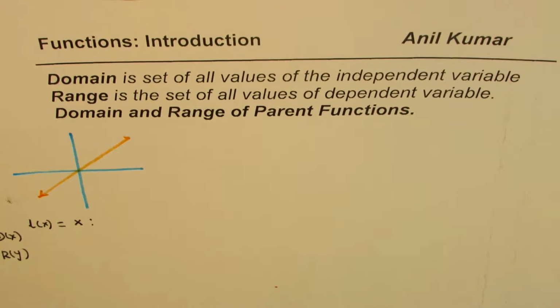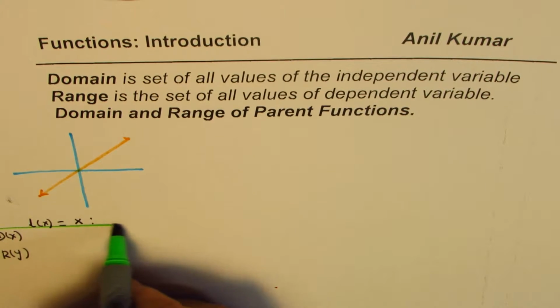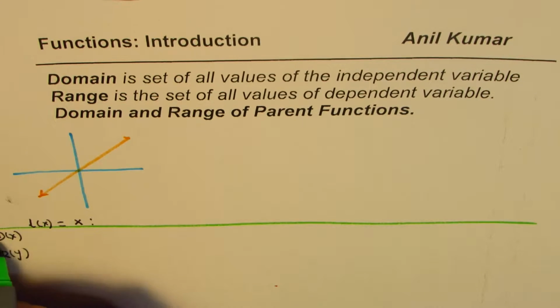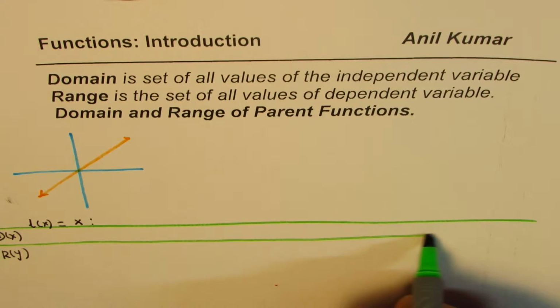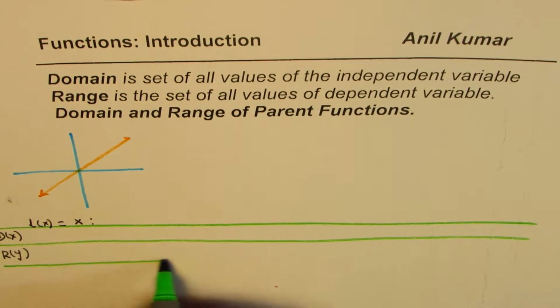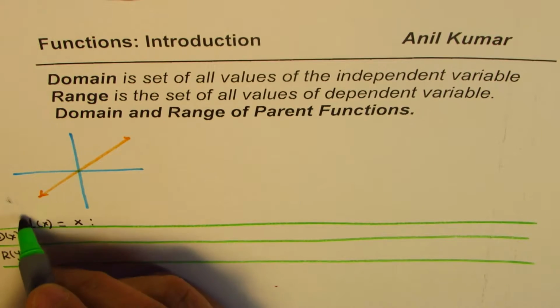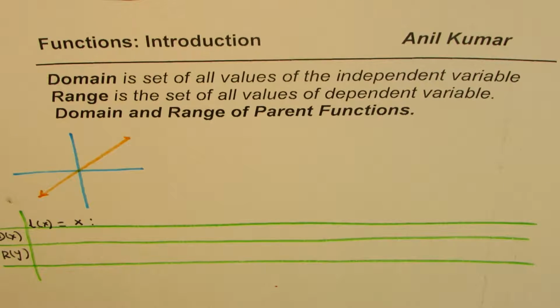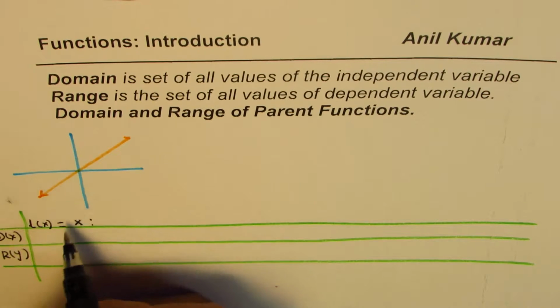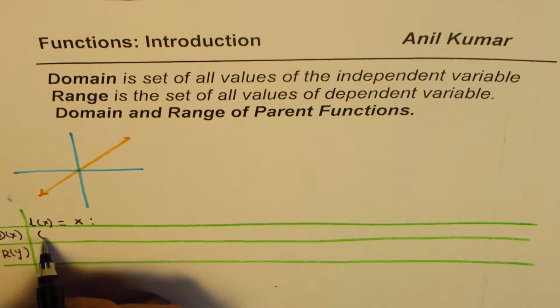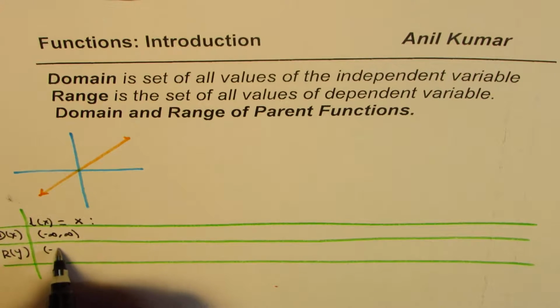We'll make a table and then fill it up for different functions. Since we want less space to be utilized, we'll write them in interval notation. So here the domain and range have no restriction. Domain is from minus infinity to plus infinity. Range is also from minus to plus infinity.